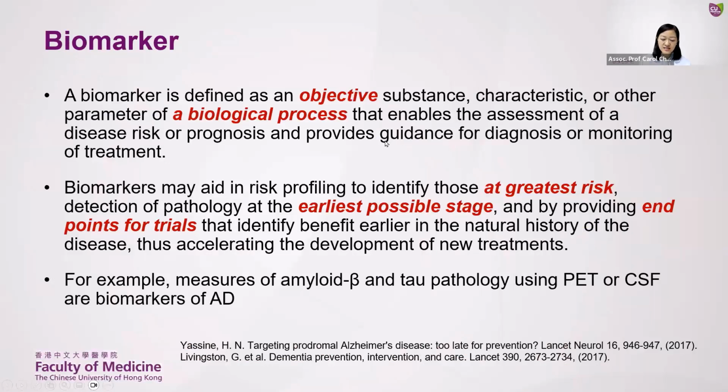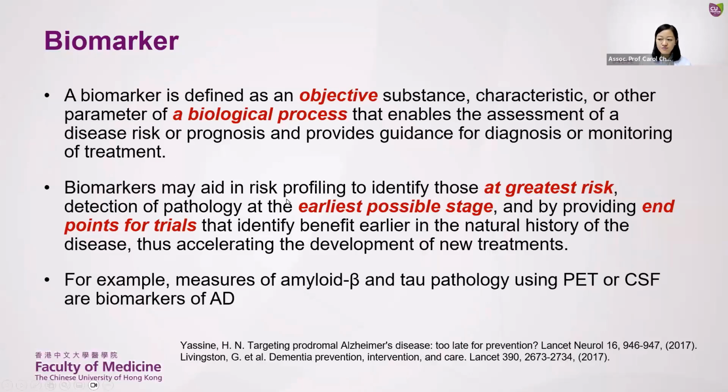Before we answer this question, let's refresh the definition of a biomarker. A biomarker is defined as an objective substance, characteristic, or other parameter of a biological process that enables the assessment of disease risk or prognosis and provides guidance for diagnosis or monitoring of treatment.